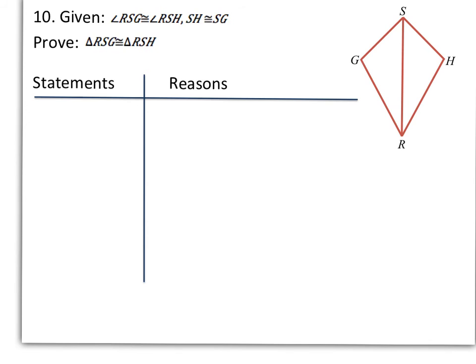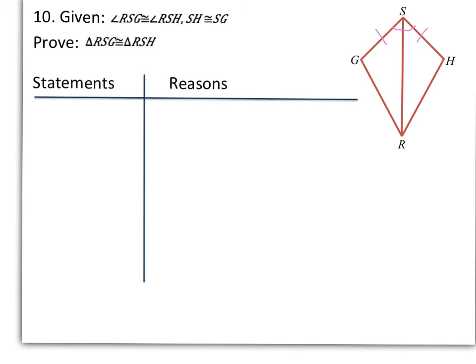All right, let's look at an example of writing a proof using the side angle side postulate. So it says that we are given that angle RSG is congruent to angle RSH. So it would be this angle congruent to this angle. Side SH is congruent to side SG. So these sides are congruent.